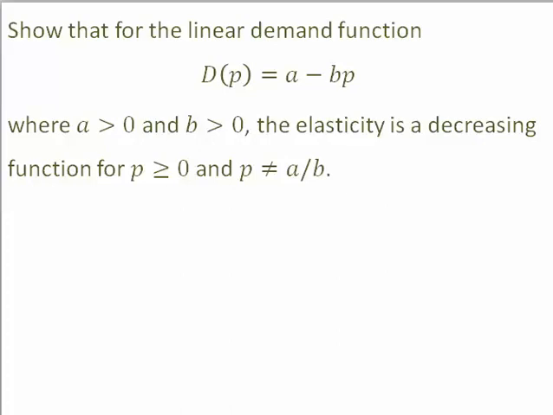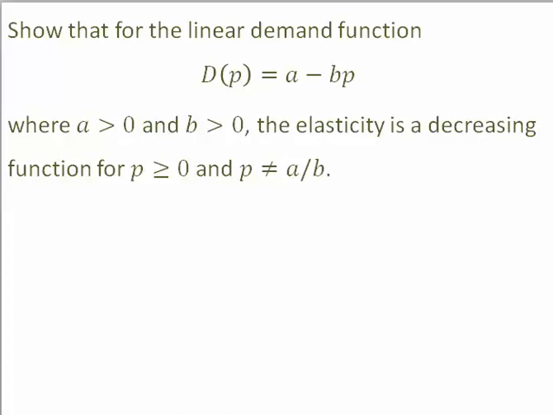Now here we're going to generalize. We still have a linear demand function, but instead of 480 and 20, I'm putting in A and B. Now A and B are both positive numbers.